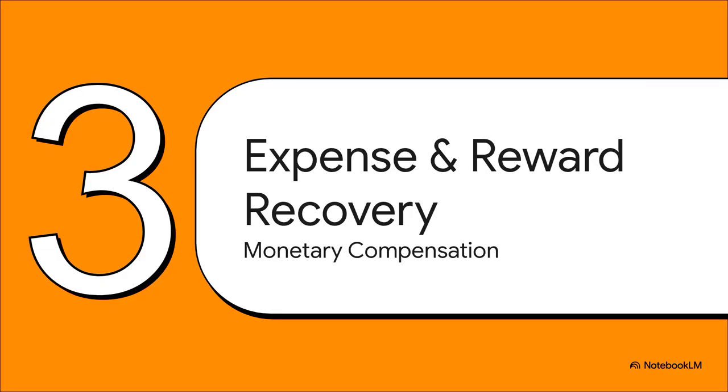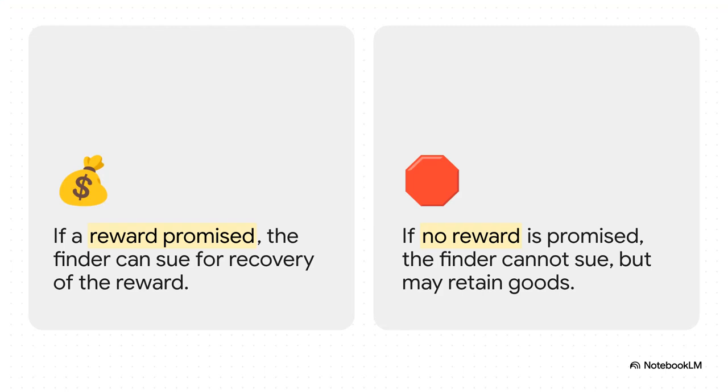Let's move to heading number 3, expense and reward recovery. This is the next logical grouping of rights on your exam blueprint, focusing on monetary compensation. Notice this critical distinction on the screen. Reward promised: can sue for recovery of reward, versus no reward promised: cannot sue, but may retain goods. I advise you to draw a 2-column table, exactly like this contrast block, directly on your paper.